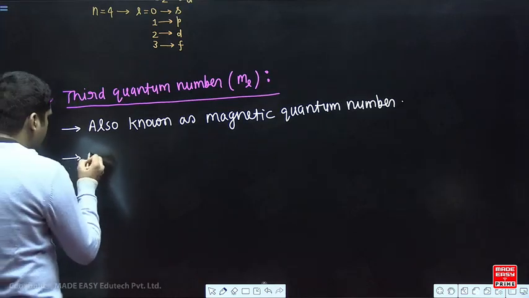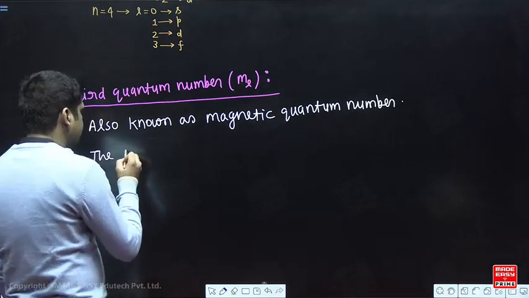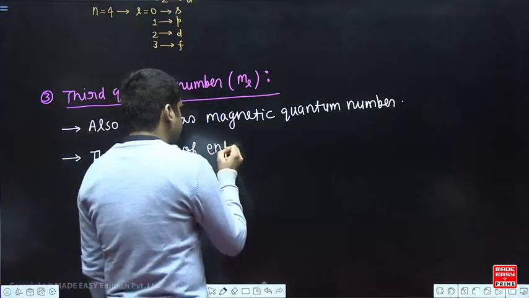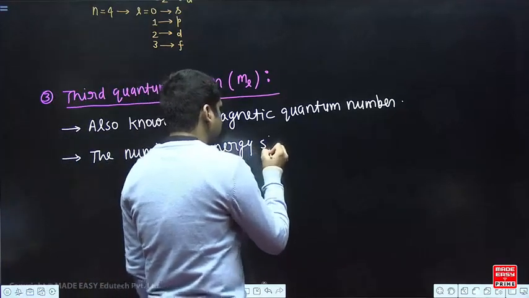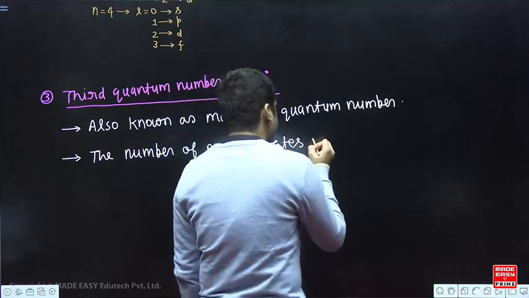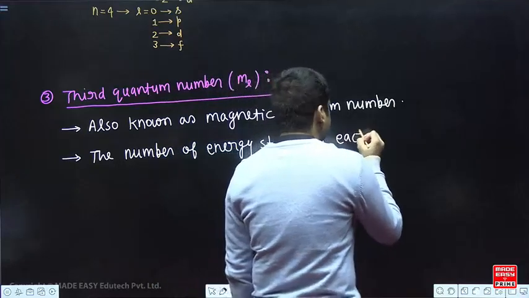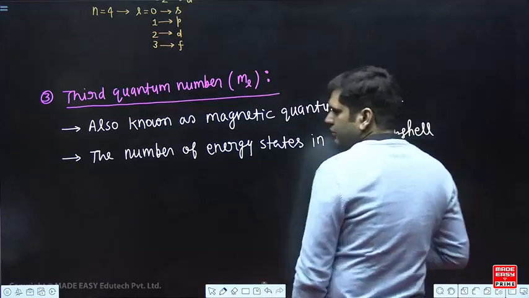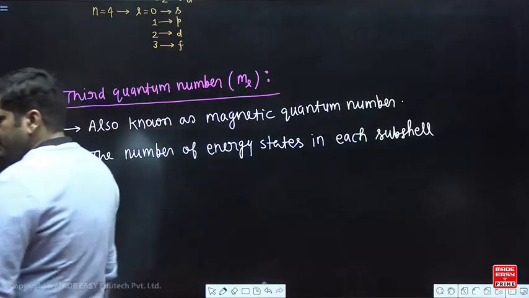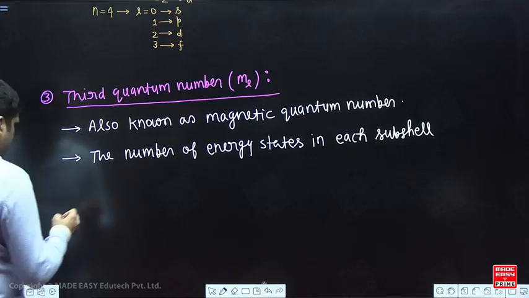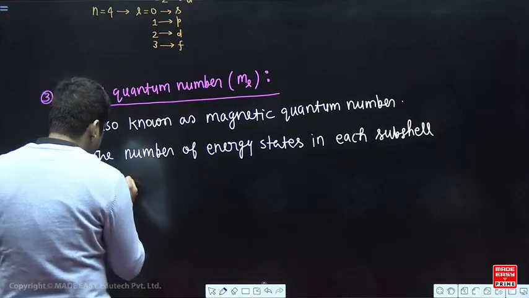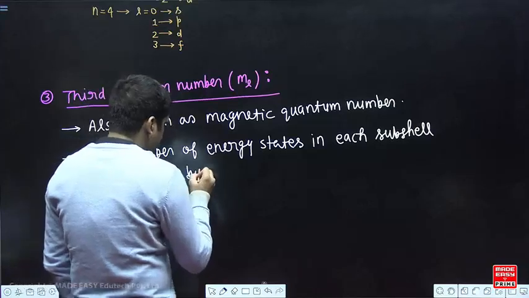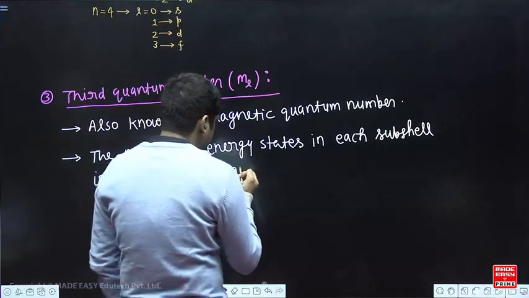The number of energy states in each subcell is determined by the third quantum number.